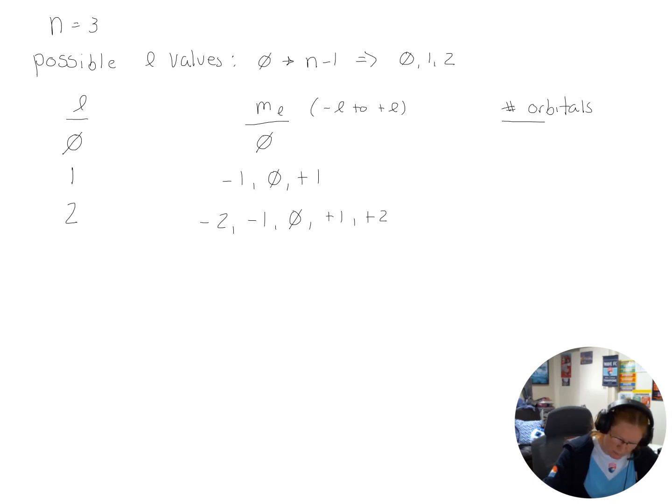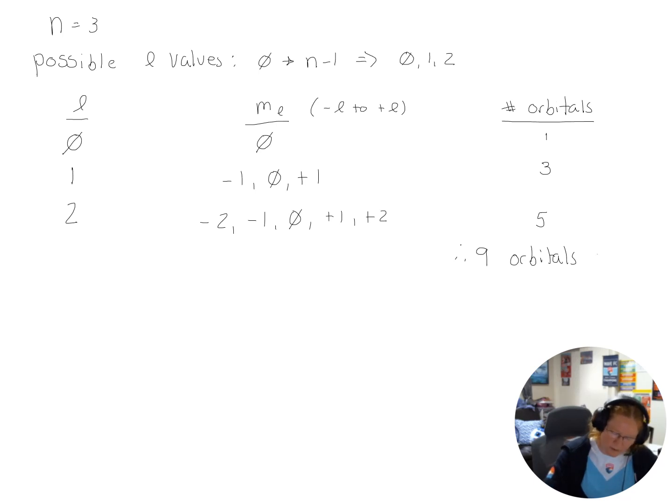Okay, so now let's assess the number of orbitals. All right, so if we only have an m sub L value of 0, that's 1 orbital. I have an m sub L value of minus 1, 0, and plus 1. That's a total of 3. And then for my L equals 2, I have negative 2, negative 1, 0, plus 1, and plus 2 for a total of 5, which gives us 9 orbitals.